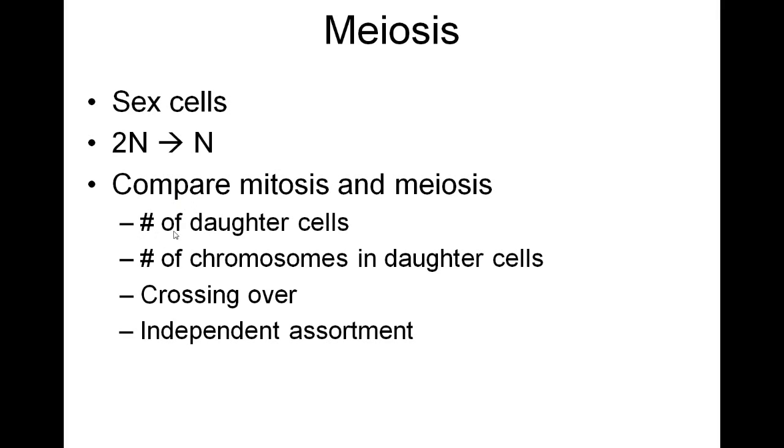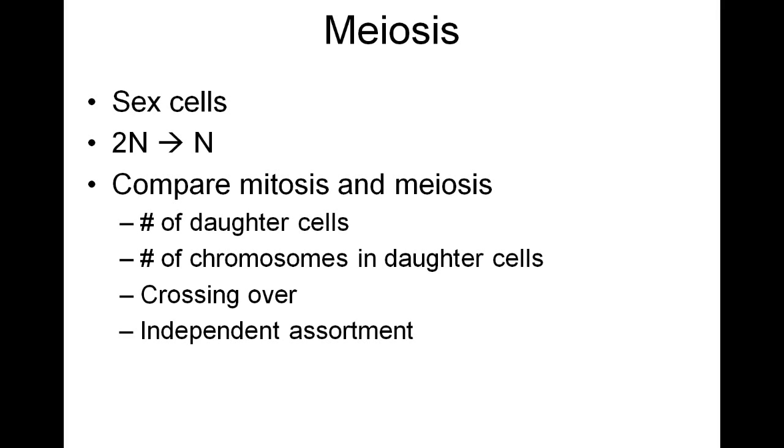If you compare meiosis and mitosis, in mitosis you get two genetically identical daughter cells. In meiosis, you get 4 very different haploid daughter cells. Number of chromosomes in daughter cells: in mitosis, you have 46; in meiosis, you have 23.